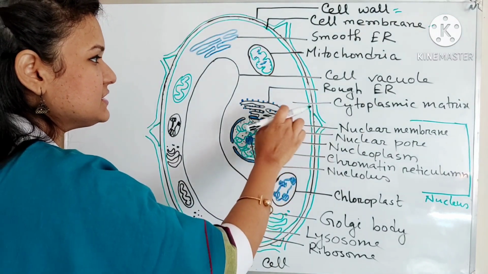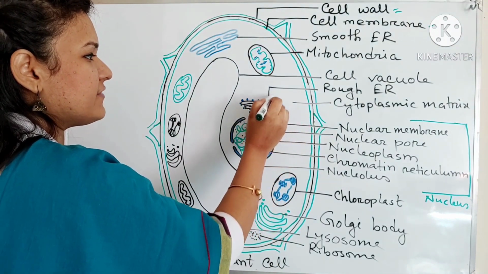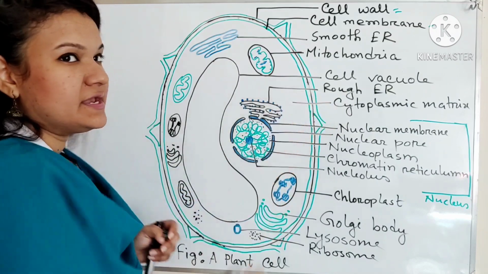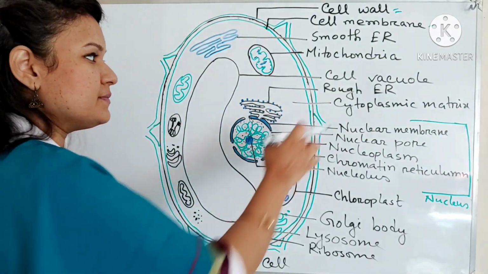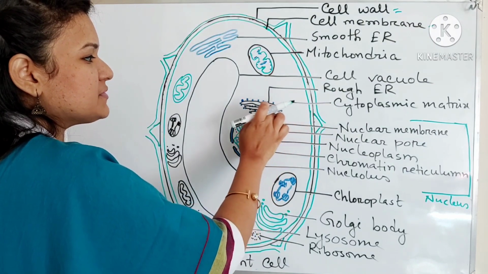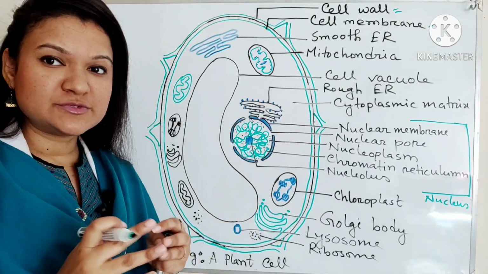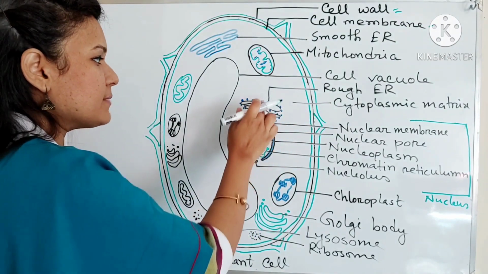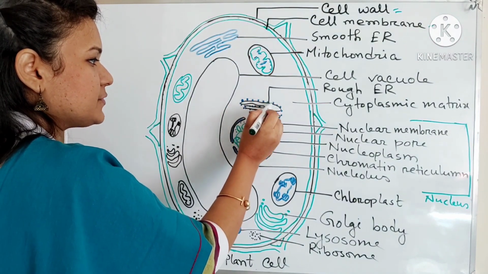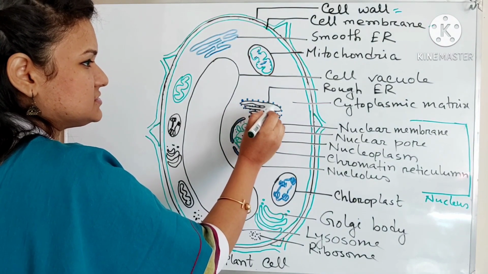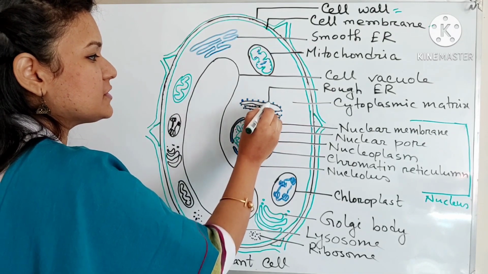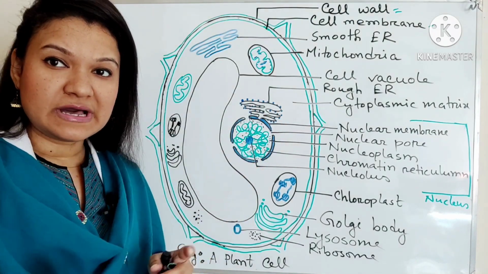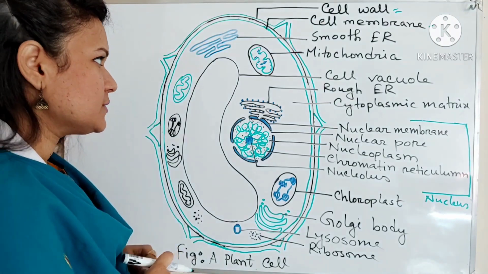Here you can see this is the rough endoplasmic reticulum. Why is this the rough endoplasmic reticulum? Because when the endoplasmic reticulum has some ribosomes on its wall, this type of endoplasmic reticulum is called the rough endoplasmic reticulum.